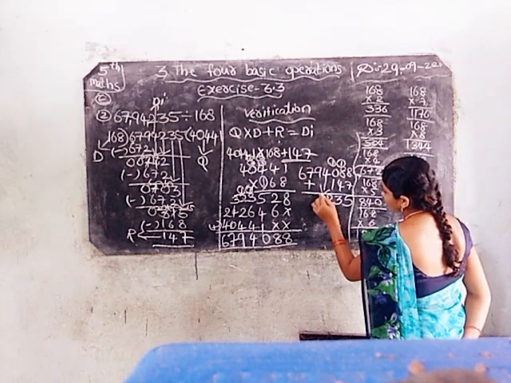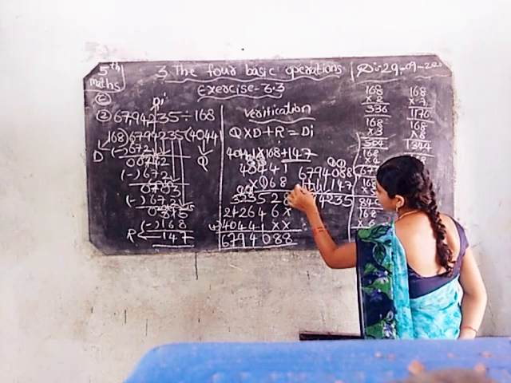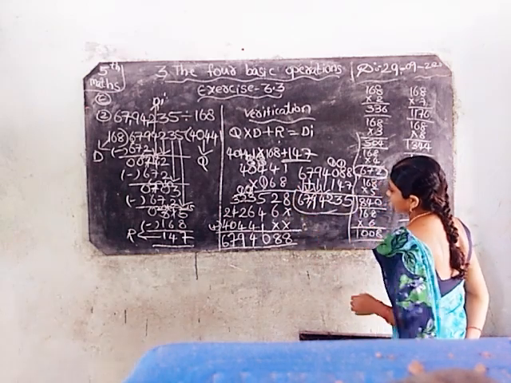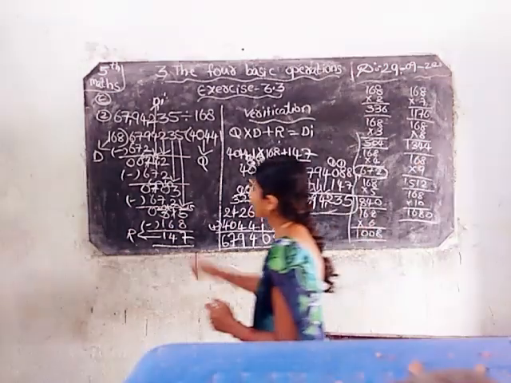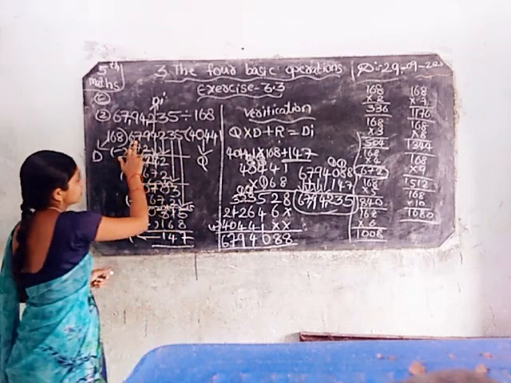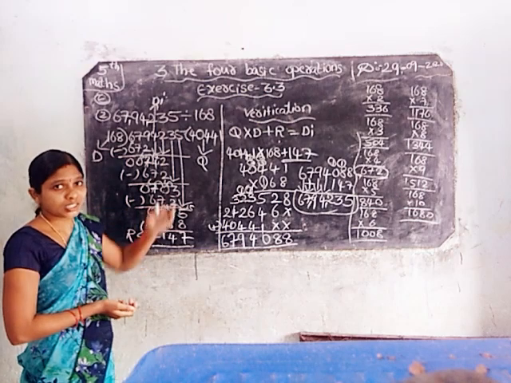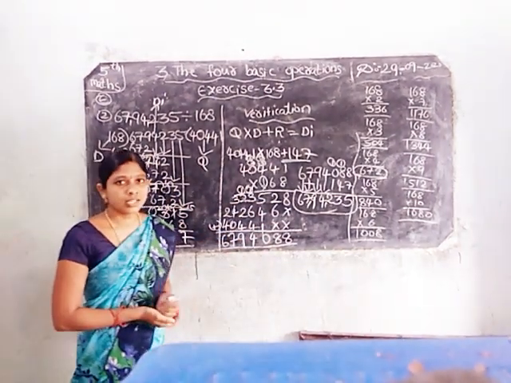So we get 67 lakhs 94,235. Check the dividend, 67 lakhs 94,235. Equal or not? Equal. So this total process is correct.